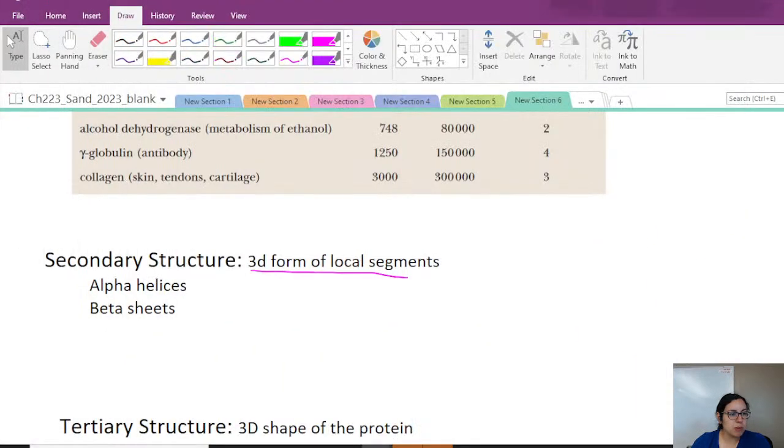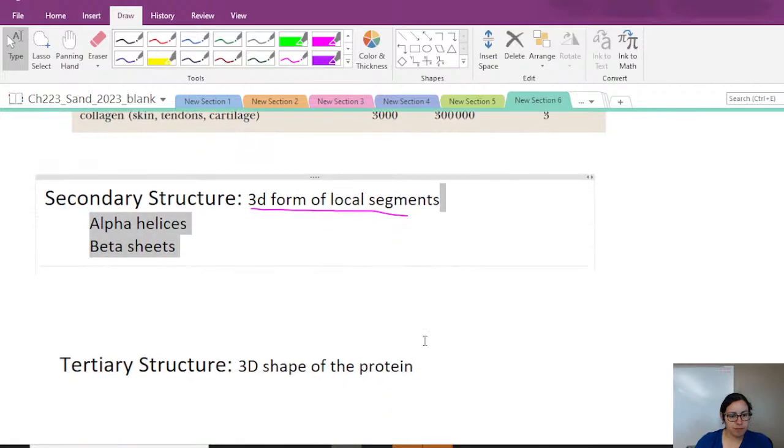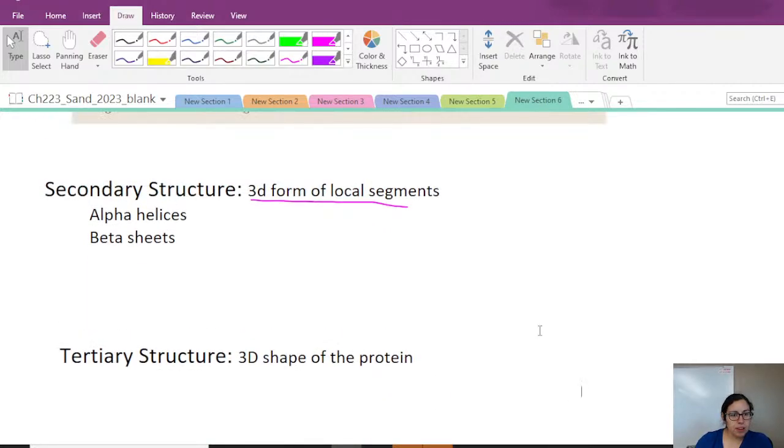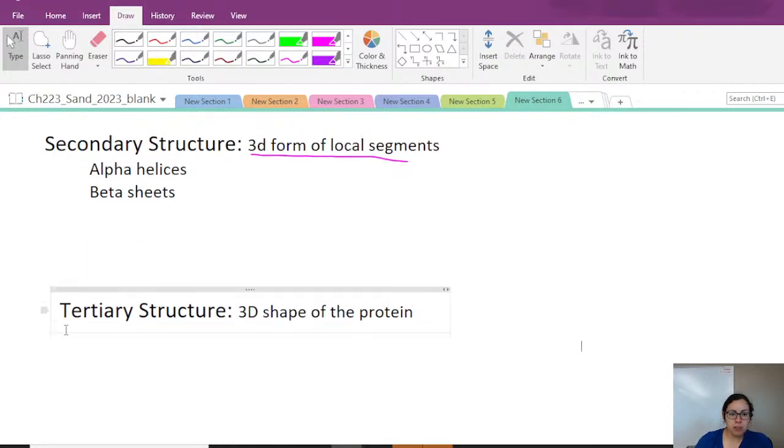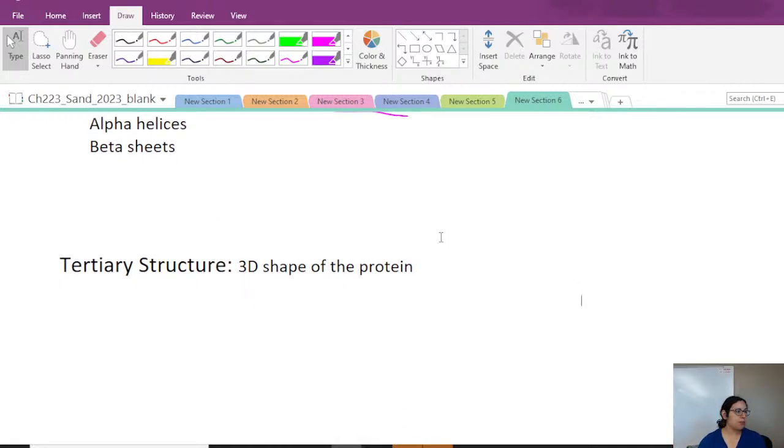But again, that's just more general. And then once you get into the tertiary structure, that is now the full 3D shape of the protein and how it is. And again, obviously, that's going to be complicated, and you can look at all these structures, though.